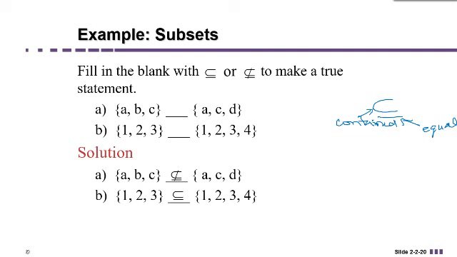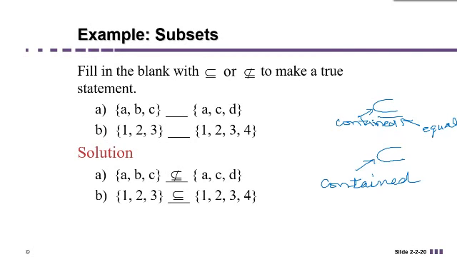If you know that a subset is not equal to the overall set because there's at least one more element in the bigger set, then you could use the symbol that just means contained in and not equal to.